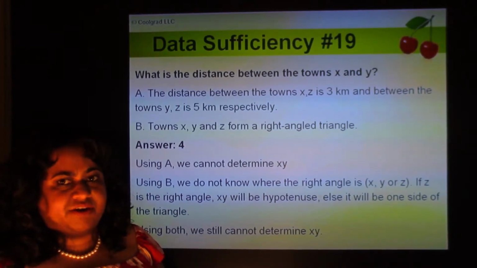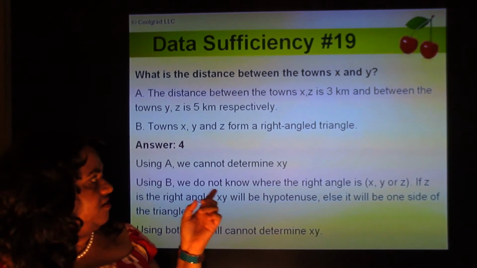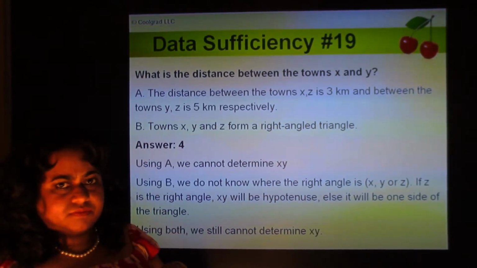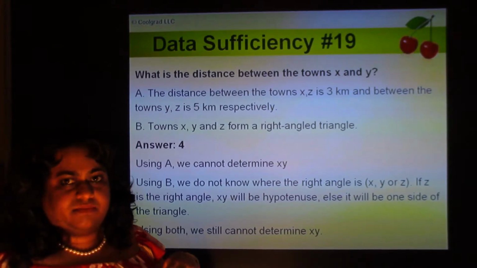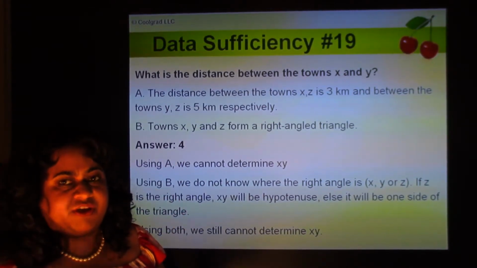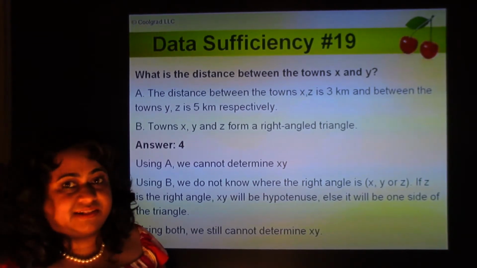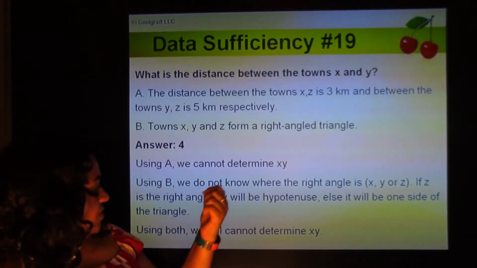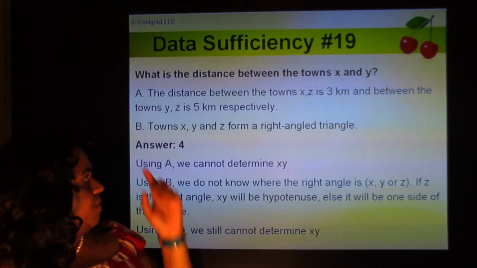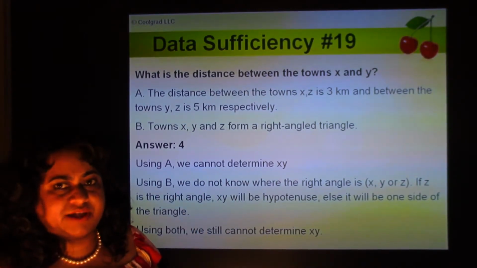We don't know whether Z is the right angle, in which case one of the sides is 3 and the other side is 5. So the hypotenuse would be the square root of 3 squared plus 5 squared. So we still can't say that. And using both, we still can't determine X and Y uniquely. So we pick option 4. Both the statements together are insufficient.